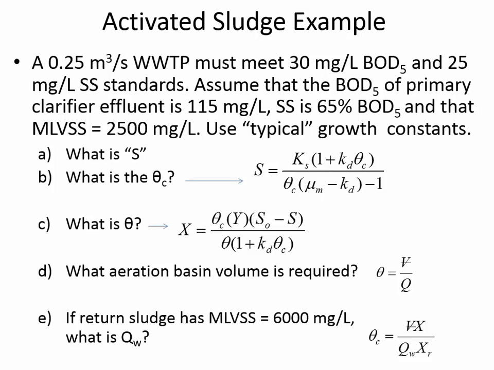And then finally, E, if we have the concentration of return sludge, what's the waste flow rate? All right, so the sludge waste rate. The given formula is theta sub C is the volume times X over Q sub W times X sub R. We can rearrange that to solve for the waste flow rate.